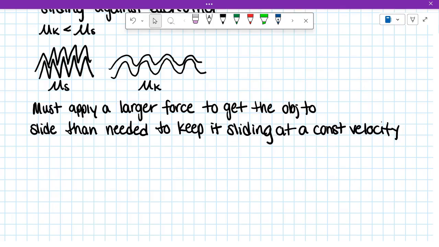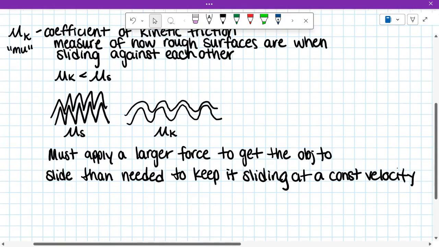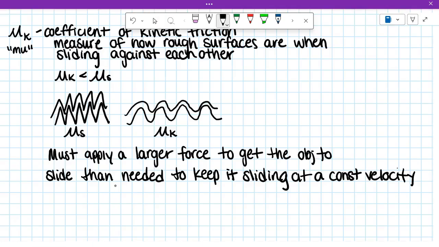If you've ever moved heavy furniture, you've experienced this. To start sliding something, we've got to give it a little extra oomph before it starts to slide. And then once it's sliding, we don't have to keep pushing as hard. That's because the coefficient of static friction, and therefore that maximum static friction force, is greater than the coefficient of kinetic friction. So it's harder to get something to slide than it is to keep it going at a constant velocity.